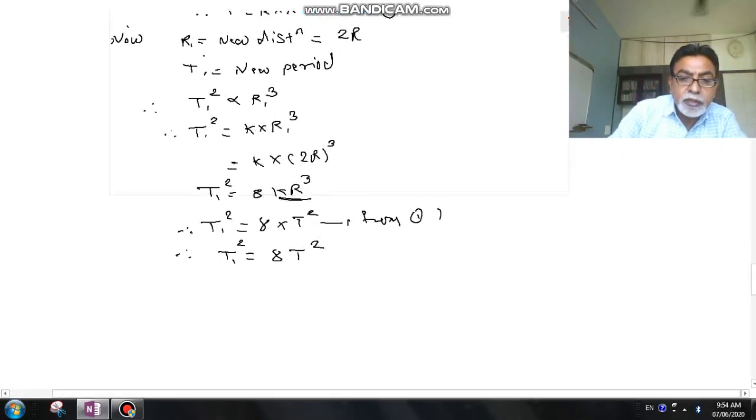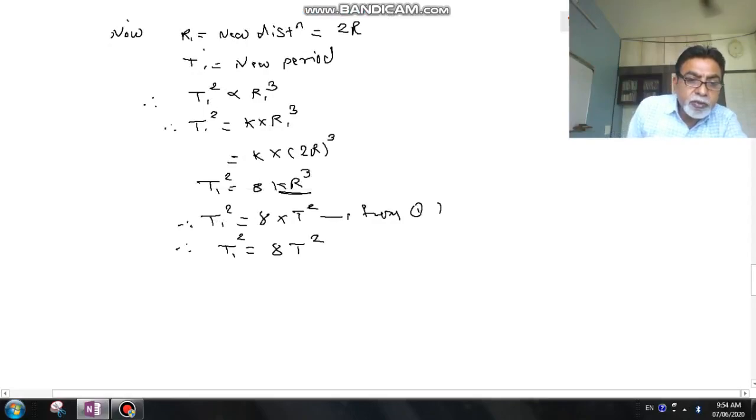Okay, and taking square root on both sides, therefore t1 is equal to root 8t. Proved.